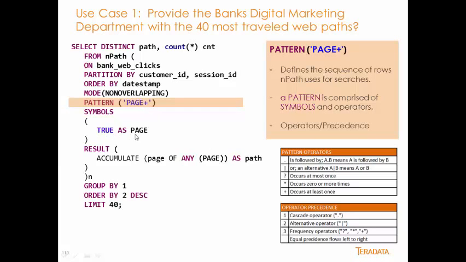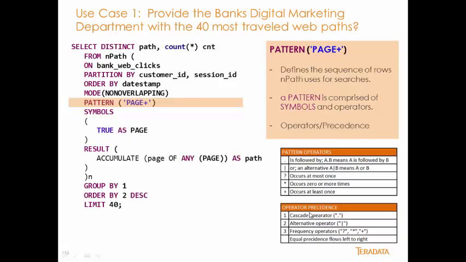If we had another symbol down here, like we did in our earlier example where we defined the BME as the bank manager enrollment, we had page plus dot BME, which means that this page plus must occur at least once, it could be one to many, followed by a BME event.